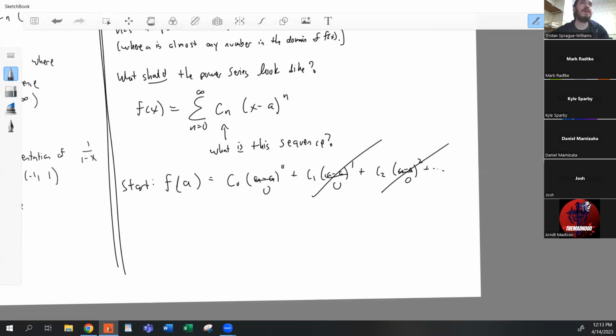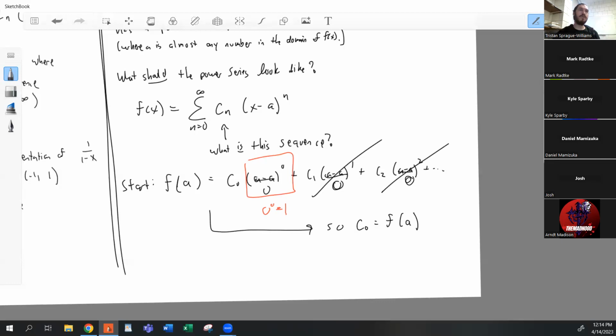Does that make sense what I'm saying there? All of those are equal to 0. That's 0, that's 0. Except this, 0 to the power 0 equals 1. So this whole thing equals C0. What we have here tells us the very first coefficient in the sequence.